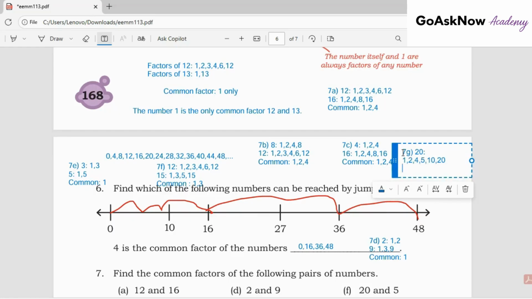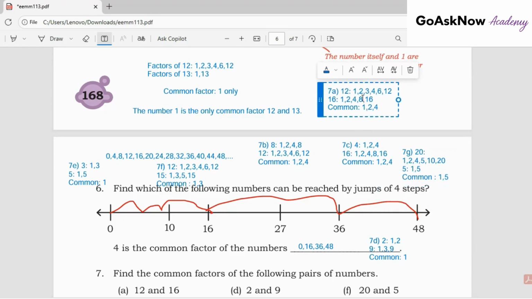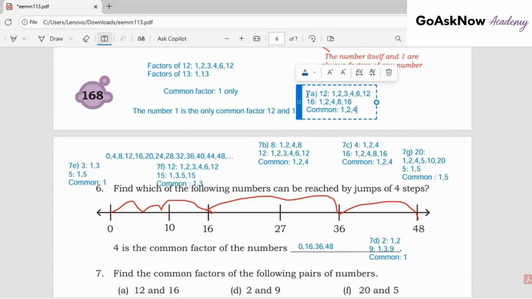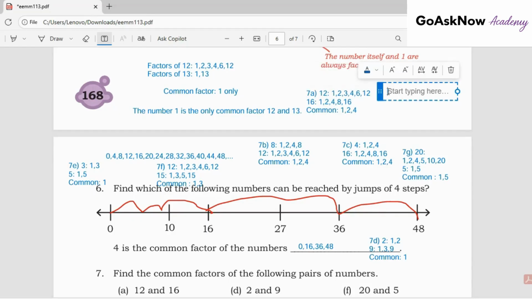Factors of 5 are 1, 5, so the common factors are 1, 5. Next, let us calculate 7H, which is 9 and 21. Factors of 9 are 1, 3, 9 and factors of 21 are 1, 3, 7, 21. The common factors are 1, 3.